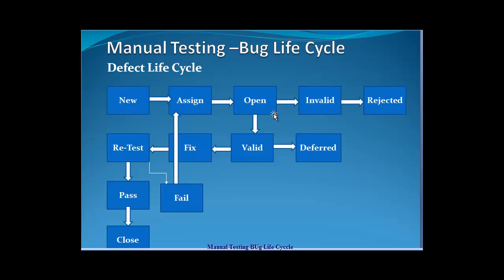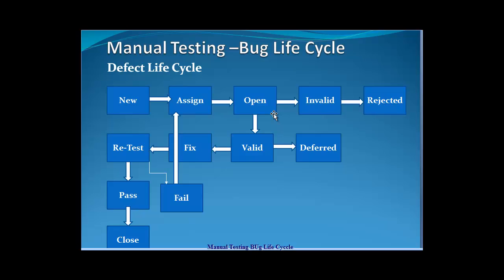Once he opens the defect, he checks whether the test engineer supplied sufficient information for that particular defect. If the developer finds that some information is missing, or he is not able to reproduce that defect in the development environment, he marks that defect as invalid and rejects it.